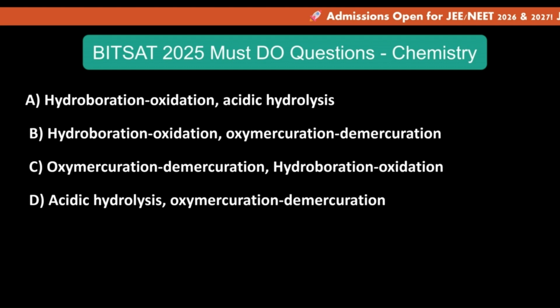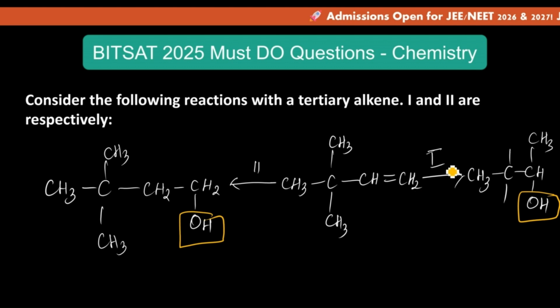Let's see the first one, which is undergoing OH2 at the more substituted carbon, which is a Markovnikov product. And this side is forming anti-Markovnikov, right?